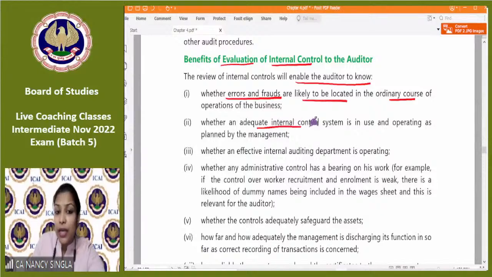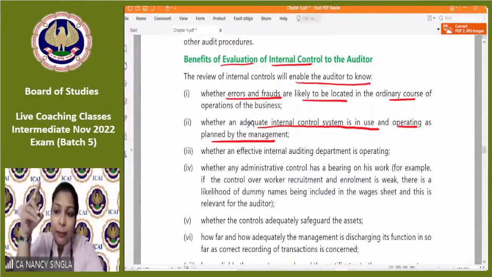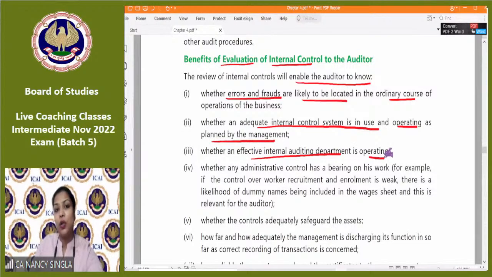Whether adequate internal control system is in use and operating as planned by the management. जो मैनेजमेंट ने प्लान किया था, पहले हमने अंडरस्टैंडिंग ले ली what is the design, वो यूज भी हो रहा है, पर जैसा मैनेजमेंट ने चाहा था, is it working like that only, है ना? Whether effective internal auditing department is operating or not, है ना?